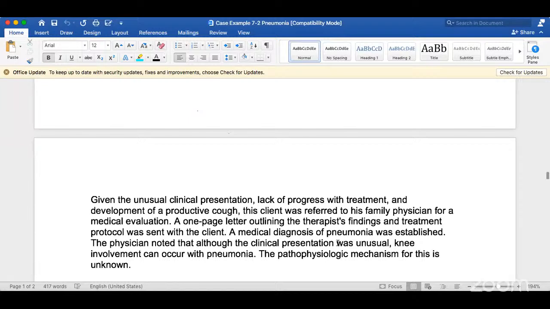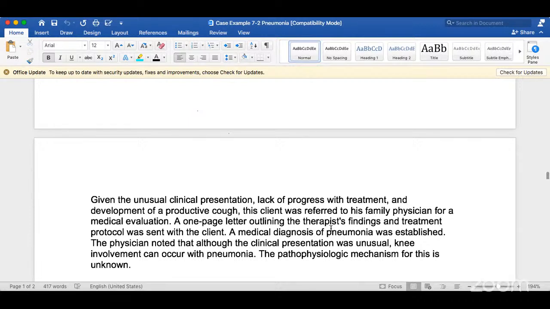At least we also have an information that when you have pneumonia, you can have knee involvement. That also is an information that was gotten from the medical doctor. And very importantly, to note that this case was not with a medical doctor. This was a case that was with a physiotherapist.